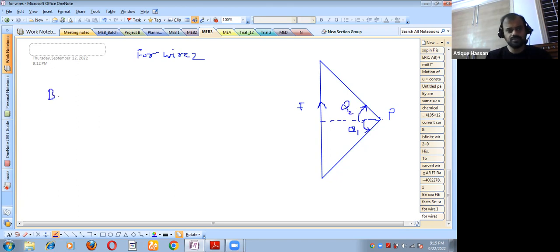Then we derived a formula for the magnetic field at point P, where this distance is r.